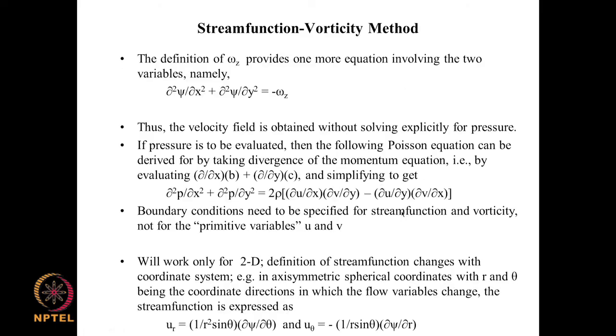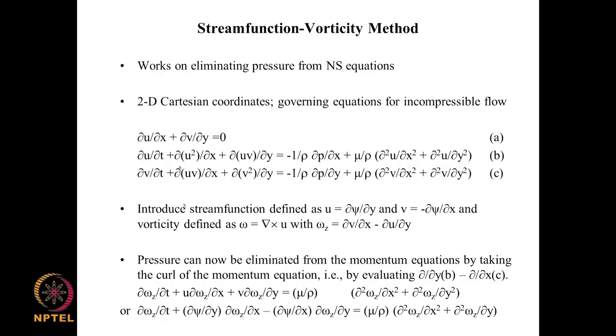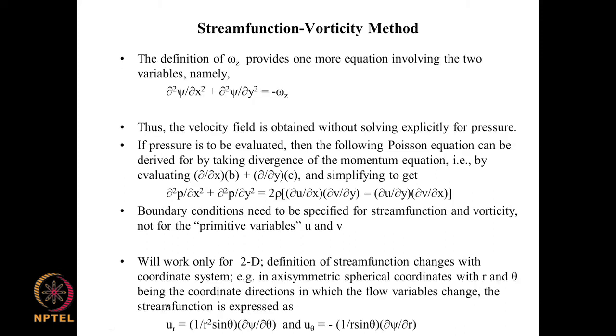So we can reconstruct the velocity field by solving a Poisson equation for psi, the stream function, and a scalar transport equation for the z component of the vorticity vector. So by doing this, we can get directly the velocity field, okay, without ever solving for pressure.